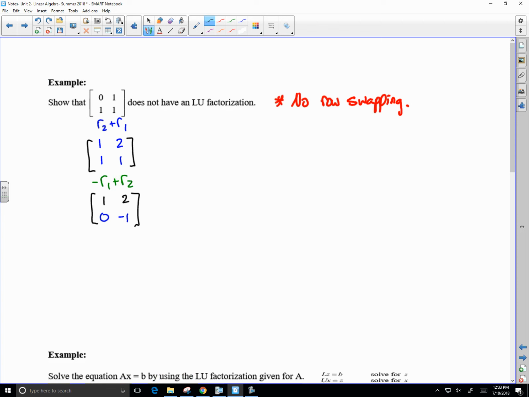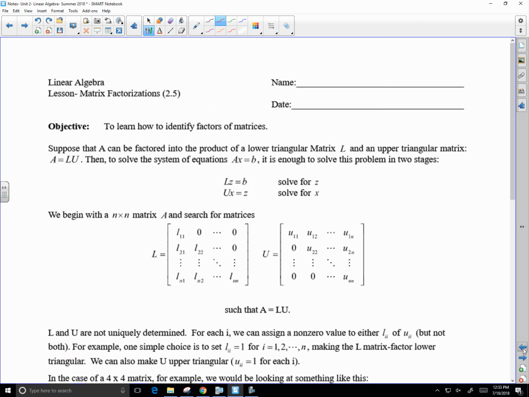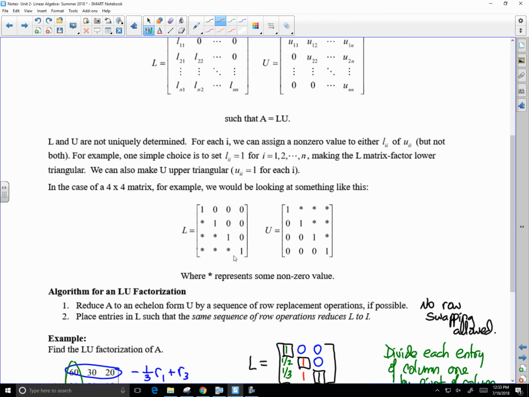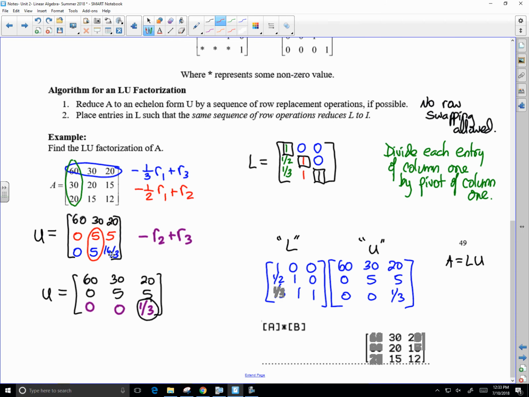All right. So if we assume that this is progressing to get to a U, then we would want to come up with the L somewhere. Going back to what we did on our previous page, the U is the upper triangular format with the zeros below the main diagonal.